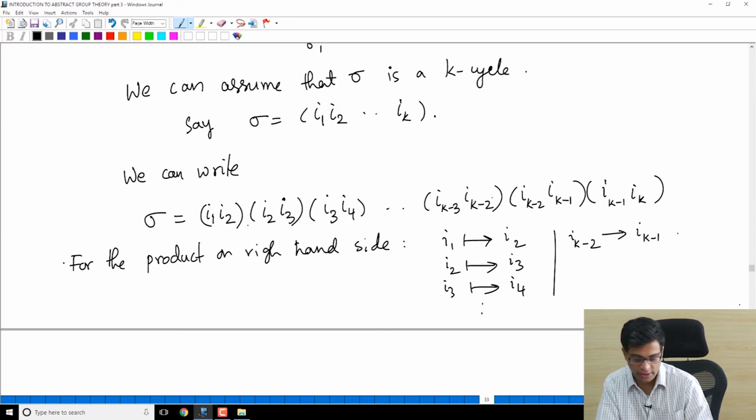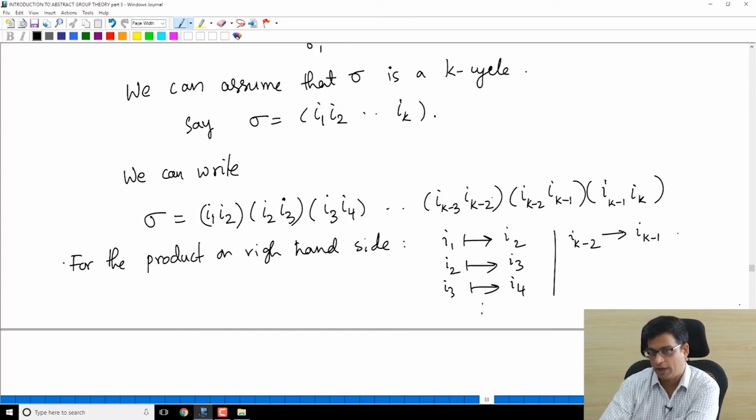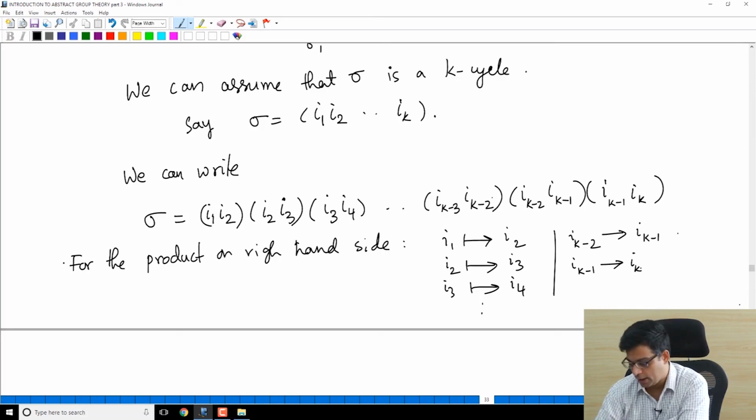I2 appears twice, i3 appears twice, i_k-2 appears twice, i_k-1 appears twice. But once i_k-2 appears here, the only time i_k-1 appears next is in the right hand side permutation. So it doesn't matter what happens previously, i_k-2 goes to i_k-1. I_k-1 goes to i_k, since the first one itself involves i_k-1, and then i_k never appears again anywhere.